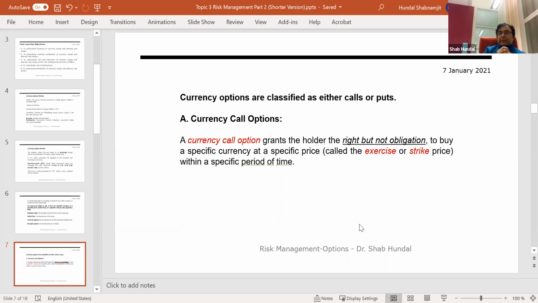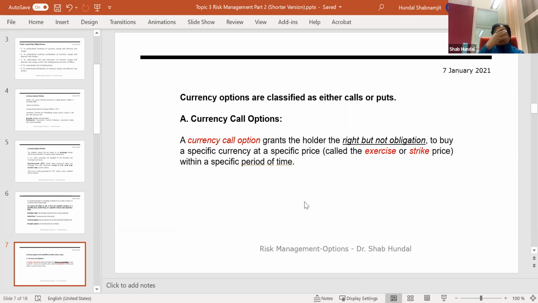You will be making a payment in the Australian dollar, and you are afraid that the Australian dollar can go up in the future against, up means appreciate against euro. And if you keep your position naked, you don't hedge it, it can cost you a fortune. So therefore you have the currency call option, but you only use it if it is favorable to you. All right, if it is not favorable to you, you don't use it.